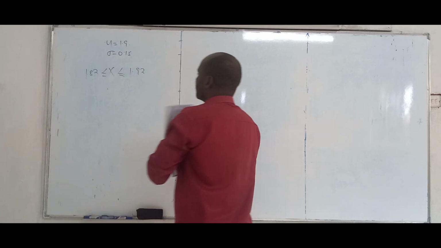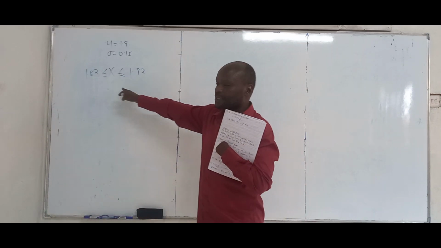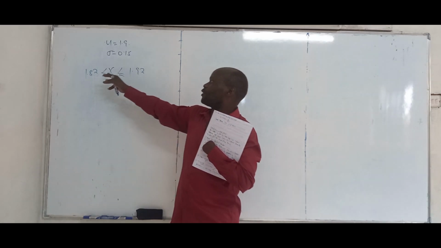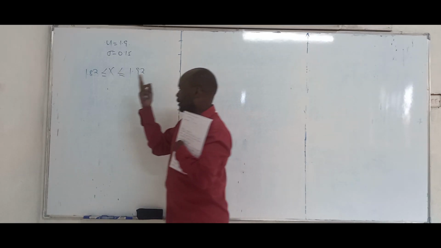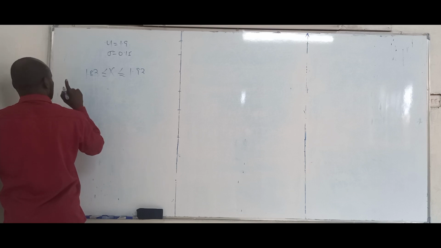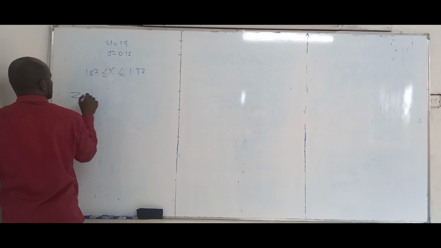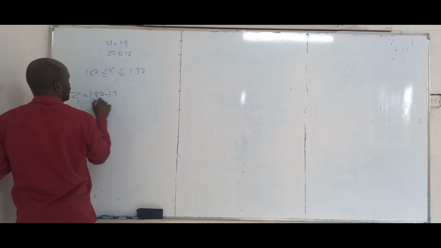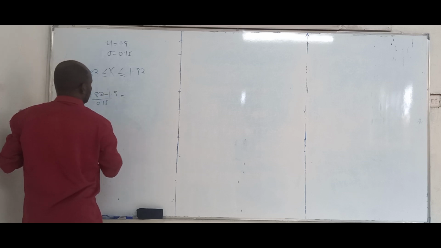So if the pressure represented by X lies between 1.82 and 1.92, in effect we first get the first value of Z. That first value of Z should be 1.82 minus 1.9 over 0.15.